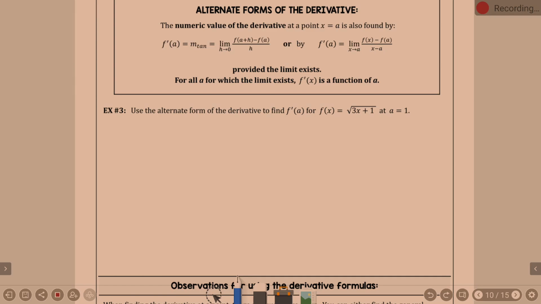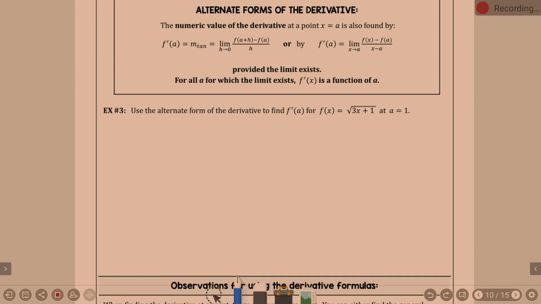Now, there's also a new form here, and this is the limit as x approaches a of f of x minus f of a over x minus a. This is usually called an alternate form of the derivative, and it's the same idea but a little different.